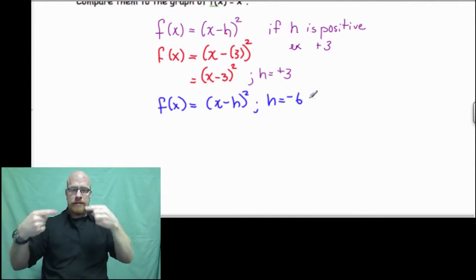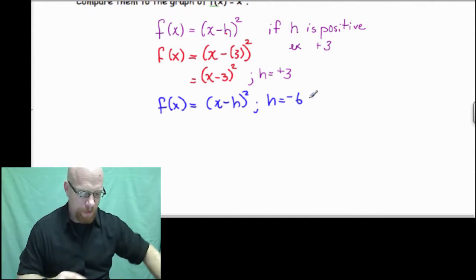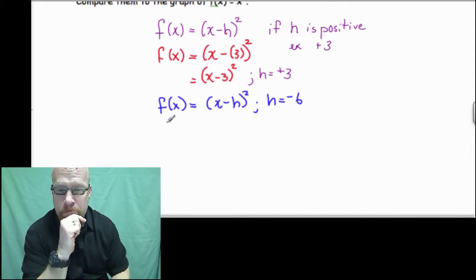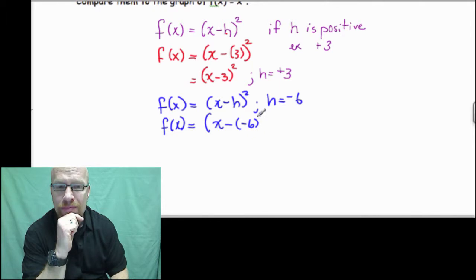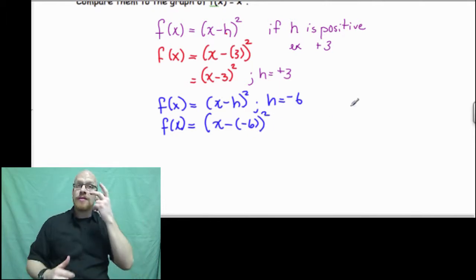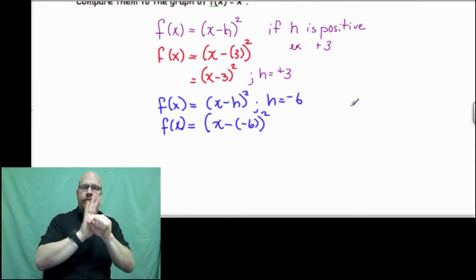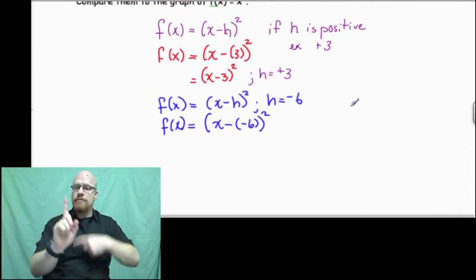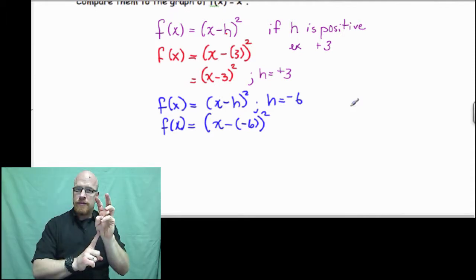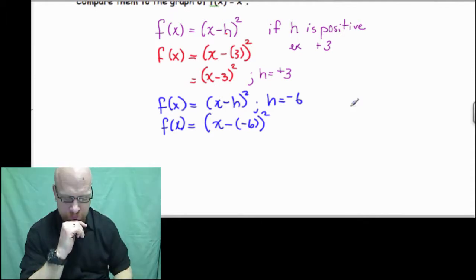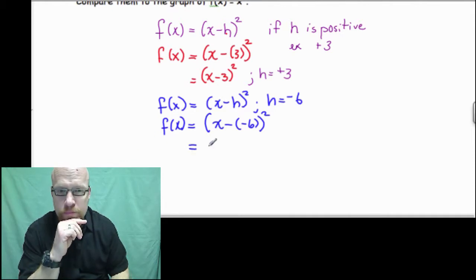Wherever h is, we put in negative 6. We keep the subtraction sign, so we have x minus a negative 6. The importance of parentheses becomes clearer here. We have minus a negative, and what happens is it becomes x plus 6, the whole quantity squared.